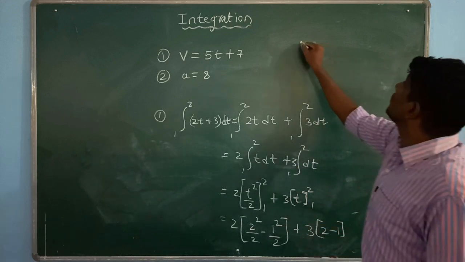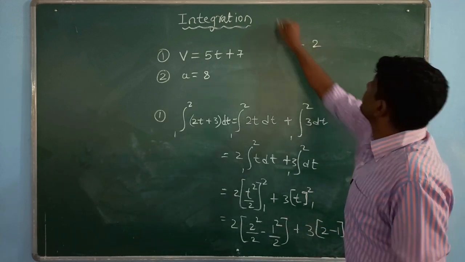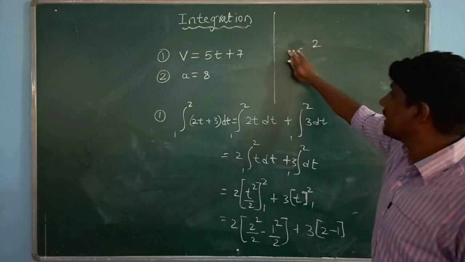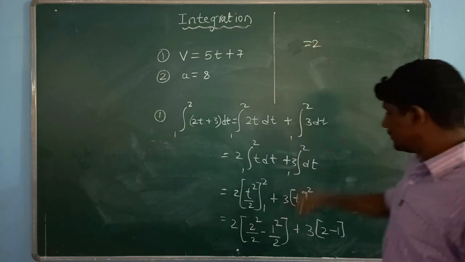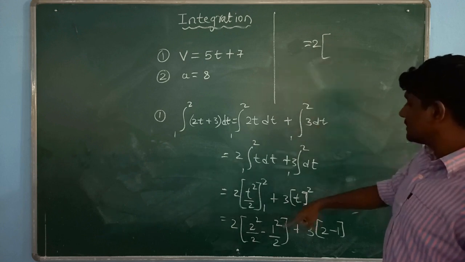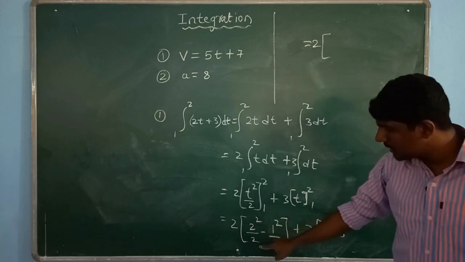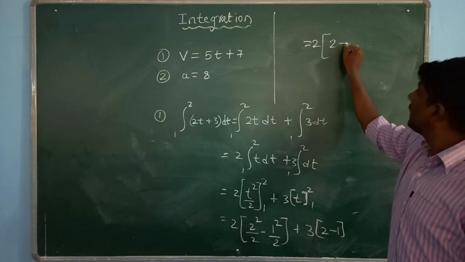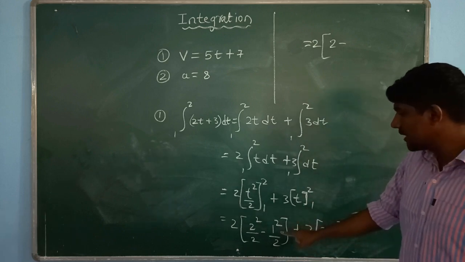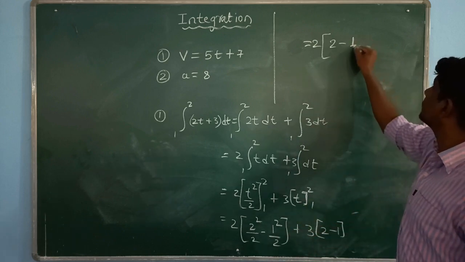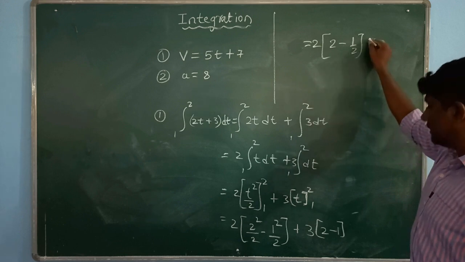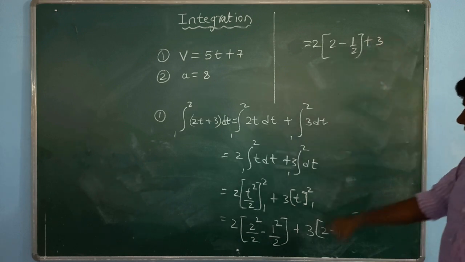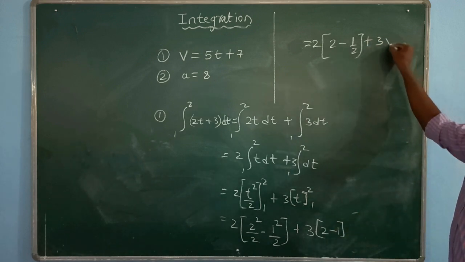And finally, 2, this side what we have? Integration. Okay. 2 square is 4, 4 by 2 means 2, minus 1 square by 2, that is 1 by 2 itself, plus 3, in the bracket we have 2 minus 1, it is 1.